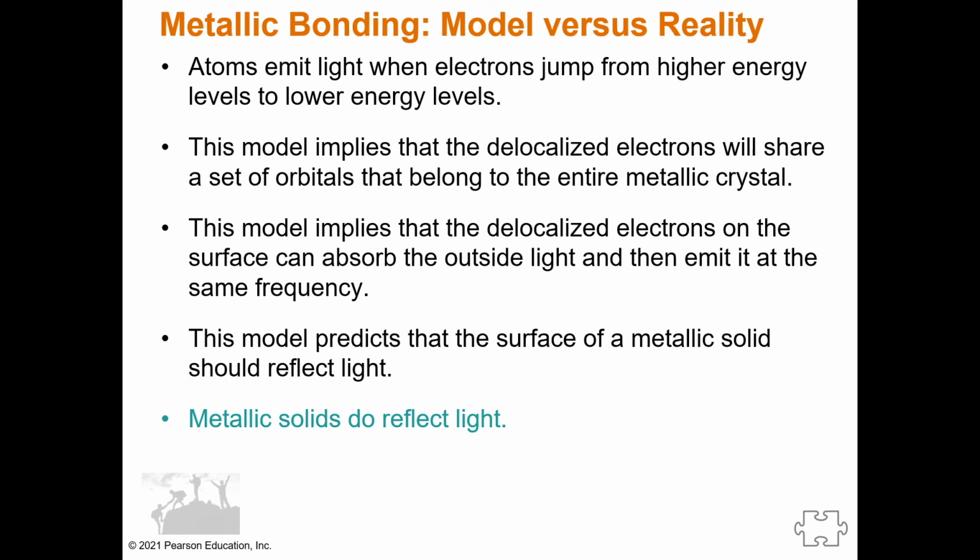So this bonding model is saying that delocalized electrons can absorb light and be excited to a higher energy level, and then emit that light when they relax to a lower energy level. And that's what we see in reality. Metallic solids reflect light.